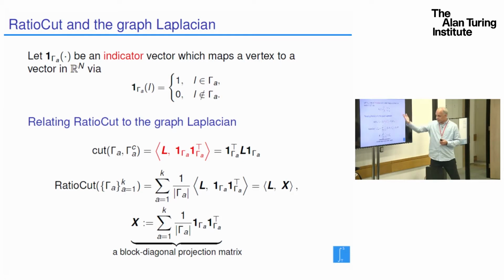And the RatioCut, by extension, in a similar way, where we have the size of the subgraphs below again. So the cut can be expressed in terms of these inner products. That's important for us. And this x here, that's the thing we're looking for, right? The L is what you construct, the x is what we're looking for. That's a block diagonal projection matrix. So this structure, keep in mind.